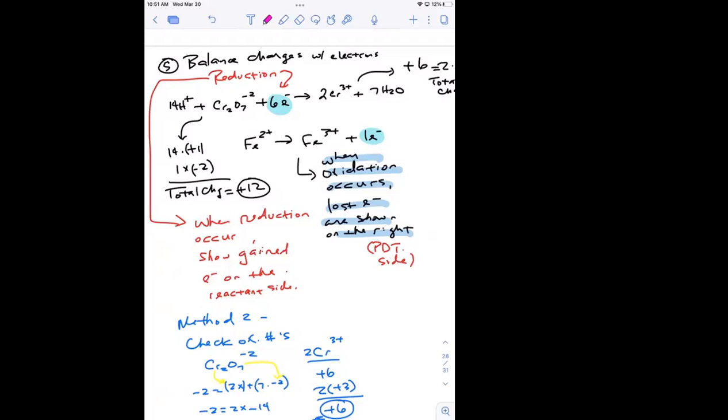I know I was just talking in circles, but I think we got it. So when iron gives up electrons, those electrons are used to reduce the dichromate ion. So that makes iron the reductant. When the dichromate accepts electrons from iron, that makes it the oxidant because it helps iron to get oxidized.